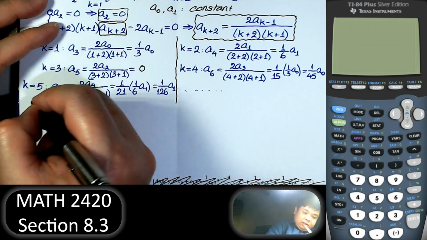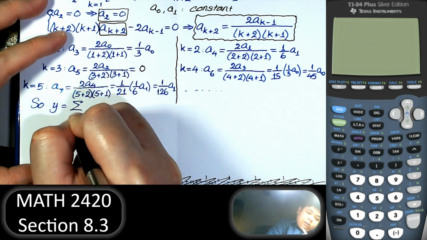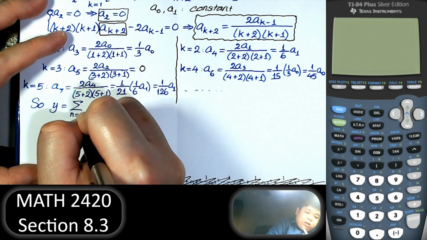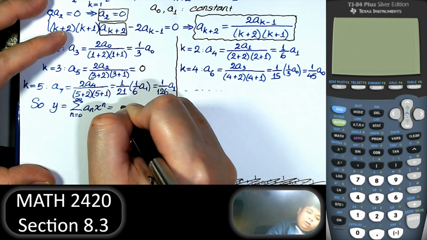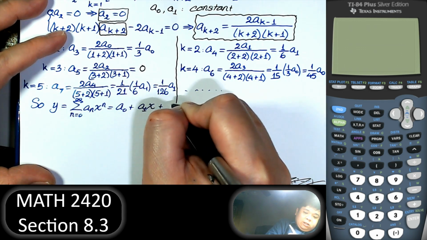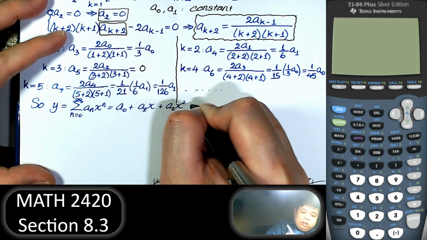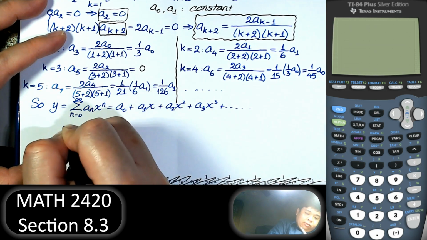So the solution, the sum from n equal to 0 to infinity of a_n x to the n, will be a naught plus a1 x, a2 x squared, a3 x cubed, and so on.